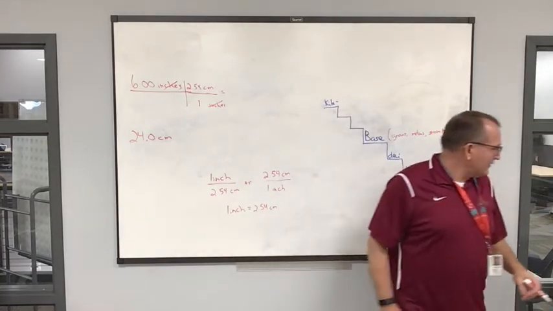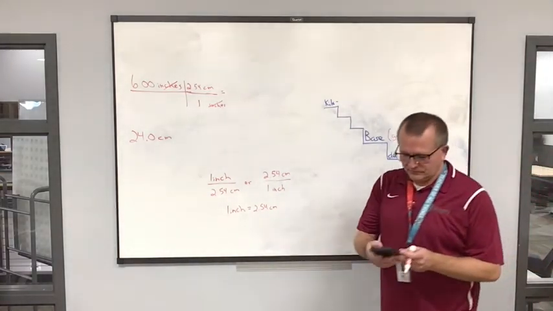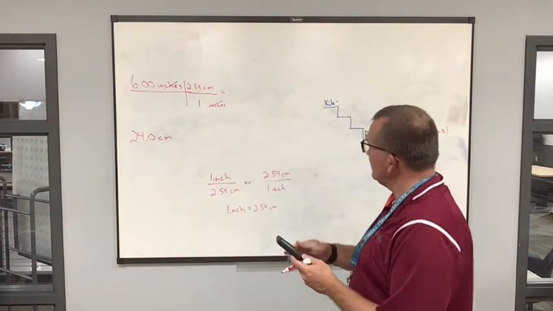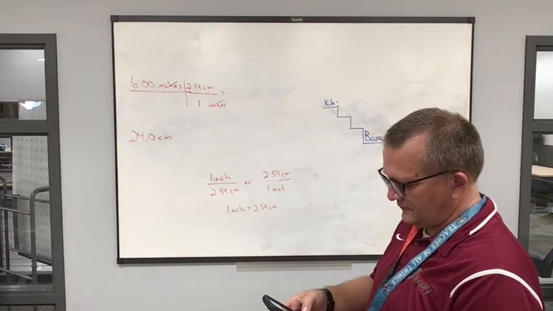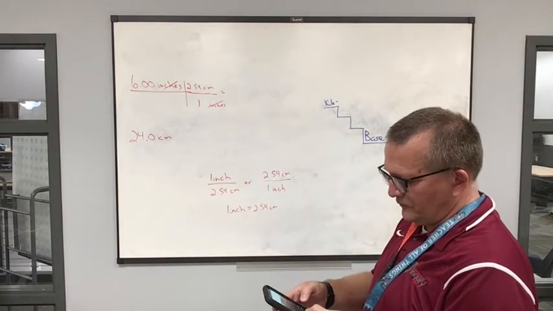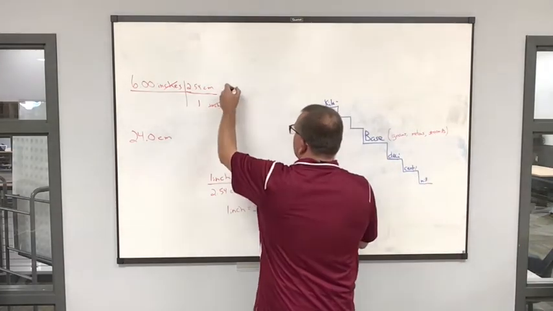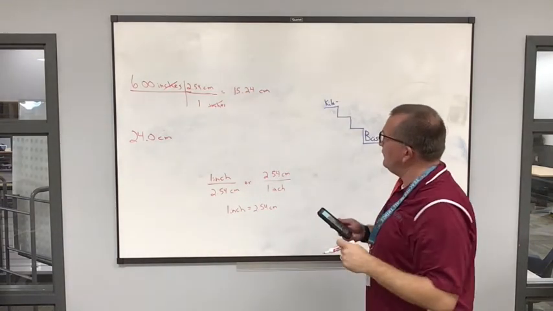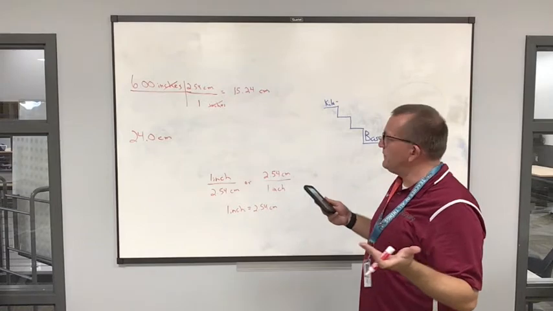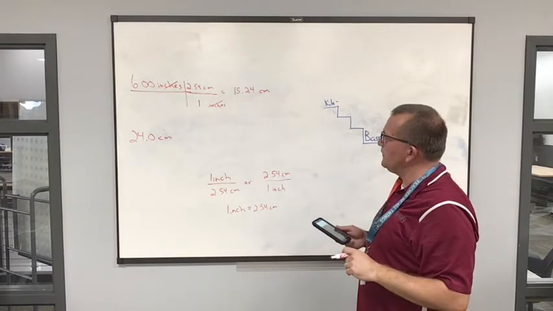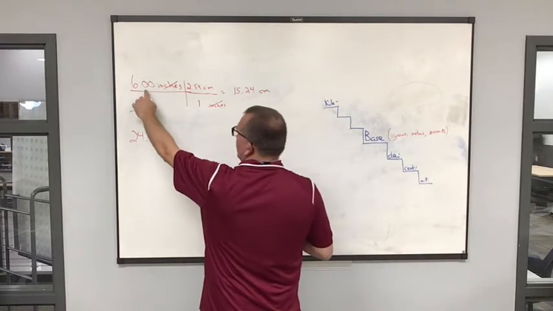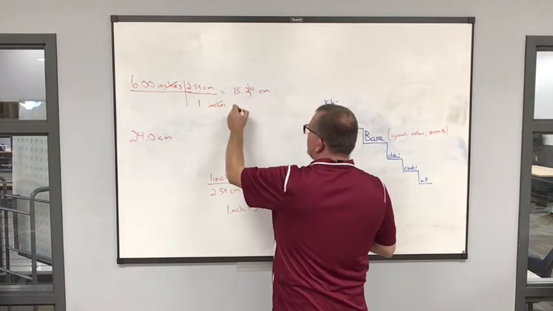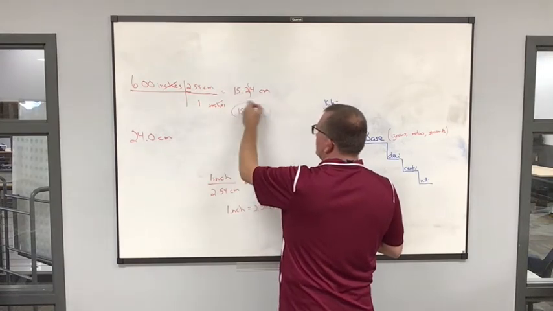So now, mathematically, I take 6 times 2.54, and I get 15.24 centimeters. Once I multiply by the top, I divide by the bottom, I divide by 1, which is still 15.24. But now I look at my sig figs. I always look at my first number, 3 sig figs, so I want to round this to 3 sig figs. So my answer is actually 15.2 centimeters.